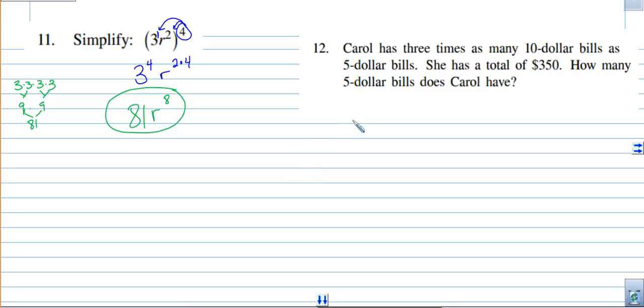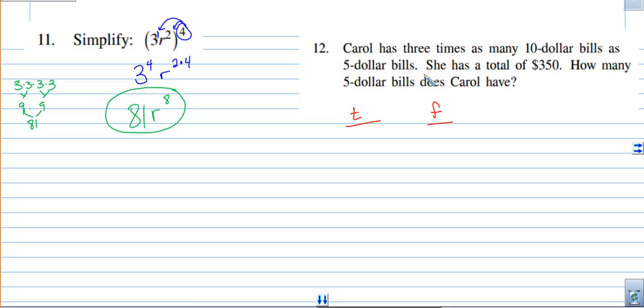So we know we have $10 bills and we have $5 bills. Tens and fives. She has 3 times as many $10 bills as $5 bills. Is there more tens or is there more fives?